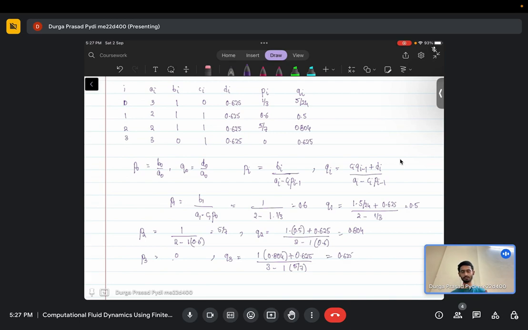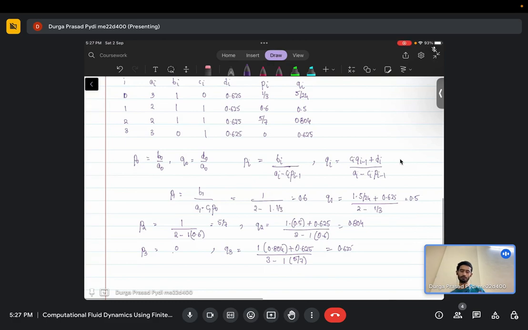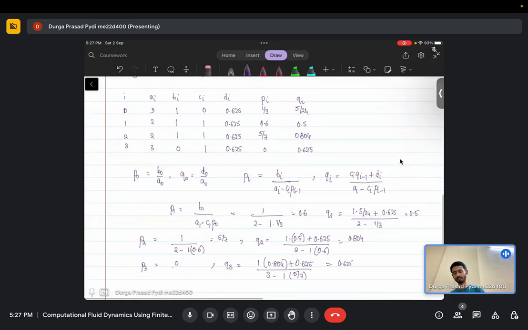Once we do the forward iteration, this last value of Q is equal to your phi. Now we keep on updating the values of our temperature.